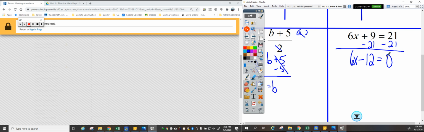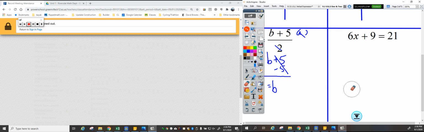But that didn't help me at all. And this is kind of where the line that Jaden was using actually works. If you go back to the idea that I have to get this x by itself, and get everything else away from it, there's no reason to move this guy over.